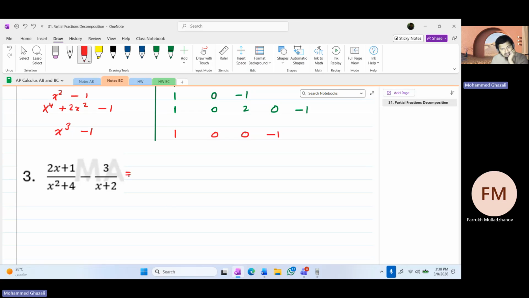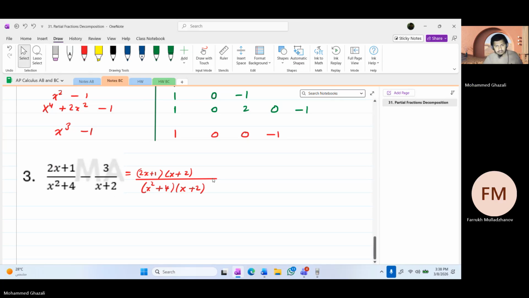The denominator is x squared plus 4 into x plus 2. Then on the numerator, we have 2x plus 1 into x plus 2. You have to bracket it because you have 2 terms multiplied by 2 terms.